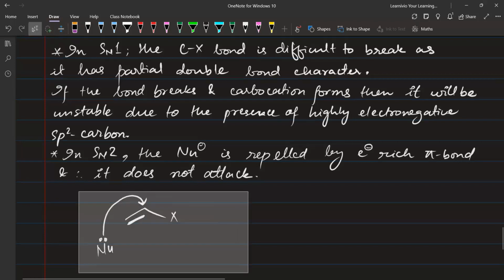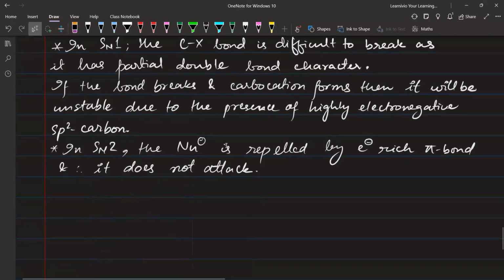Pass it. Yes, sir. Please copy this down. Raise your hand once you are done. You can also make a resonating structure like this.